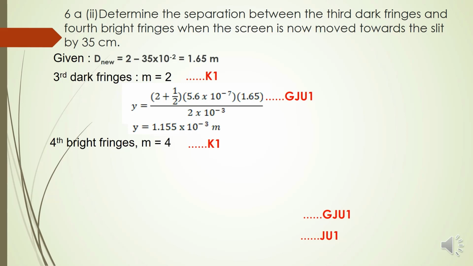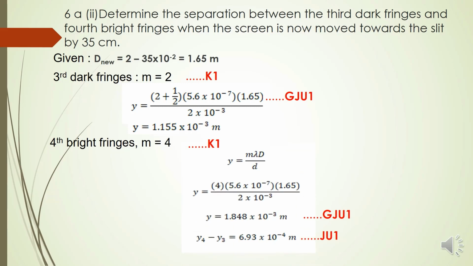Bagi jarak untuk fourth bright fringe, yang mana order dia sama dengan bright fringe, iaitu m equal to 4. Okay. Bila tulis m equal to 4 ni, kita akan dapat untuk kaedah 1 markah. Okay, formula untuk kira Y, distance from the central to the fourth bright fringe, menggunakan formula Y equal to m lambda D over d.